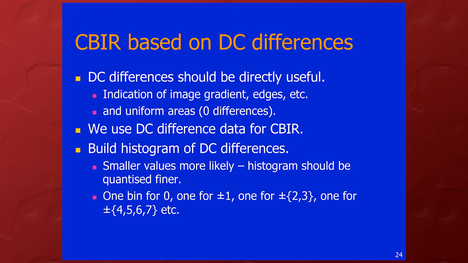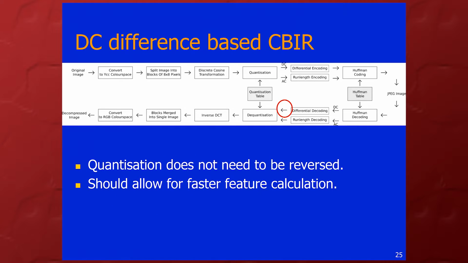So we thought, okay, let's take the difference data directly and use that as a feature. Again, we're doing that in terms of histograms, which are now not uniform histograms, but non-uniform histograms. In terms of the figure that I'm using all the way through, rather than here, we're now accessing the data here already.